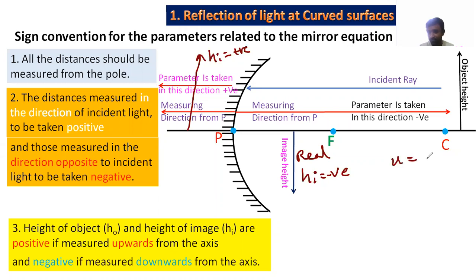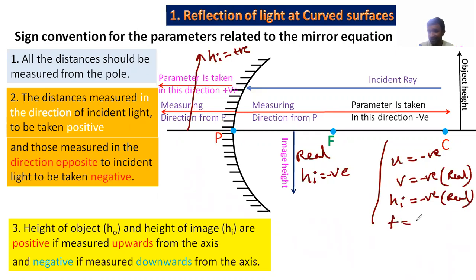So u is negative, v is negative if it is a real image, because in front of the mirror we can measure. h_i is negative for a real image, right? f is negative; the concave mirror focal length is always measured in front of the mirror, so it is always negative. The radius of curvature is negative.